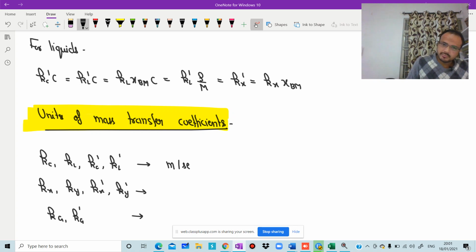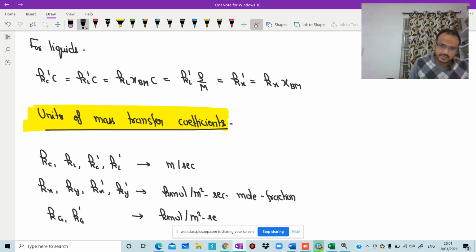The unit is meter per second. Kilomole per meter square per second mole fraction. And it is kilomole per meter square per second Pascal, or kilomole per meter square per second ATM also.